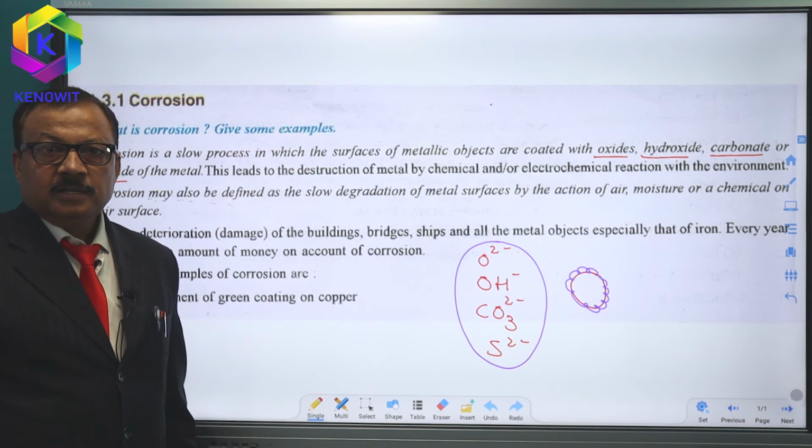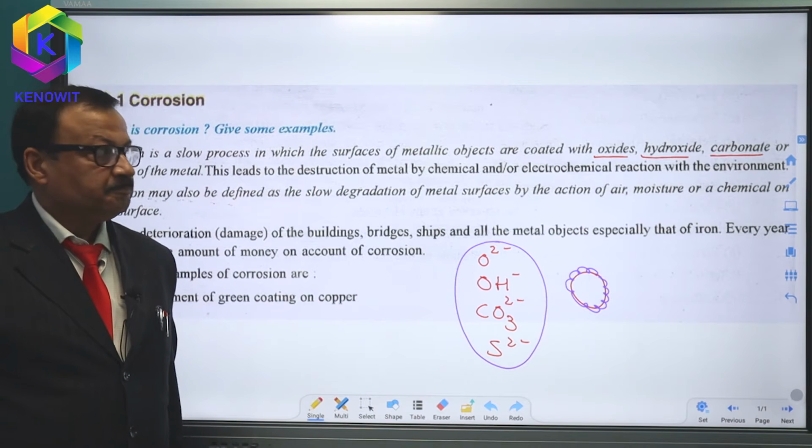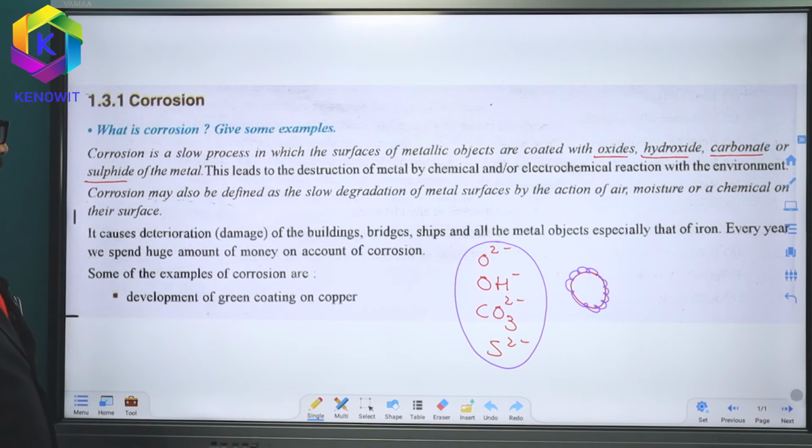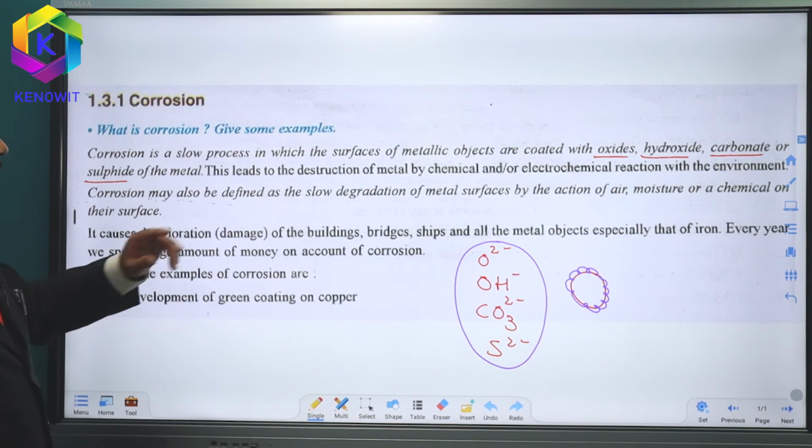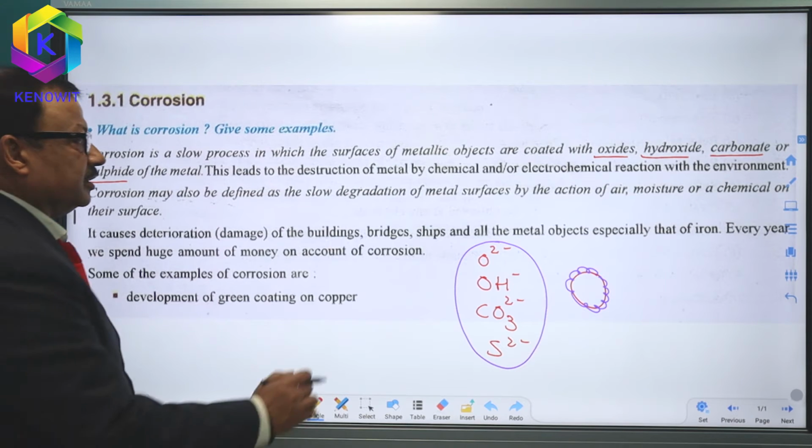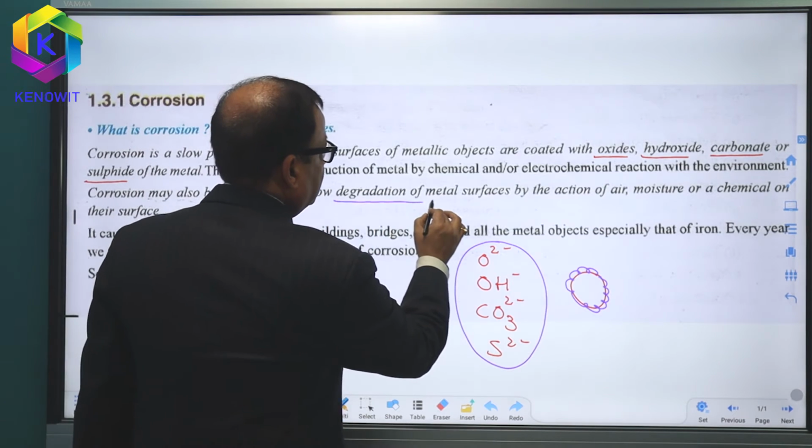That is why the metal decays. So how to prevent corrosion? Corrosion may also be defined as the slow degradation of the metal surface.